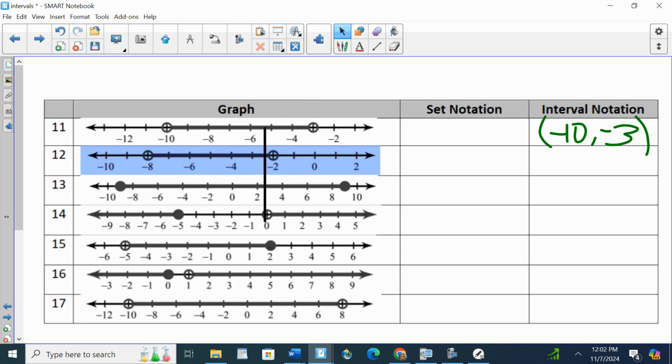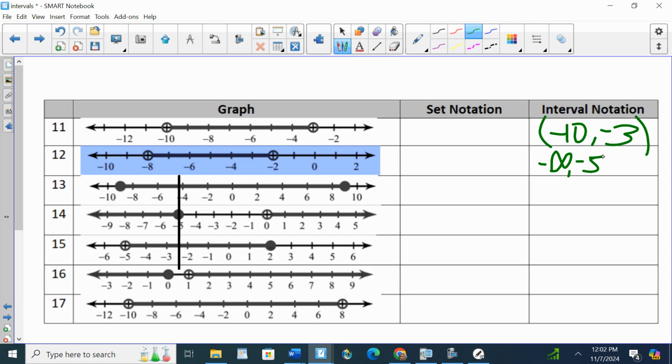Let's jump ahead to number 14. I have graph all the way to the left, so that is negative infinity, comma. I have graph, graph, graph. Graph stops at negative 5. Since there's a closed circle, it gets a bracket. But now there's another piece.